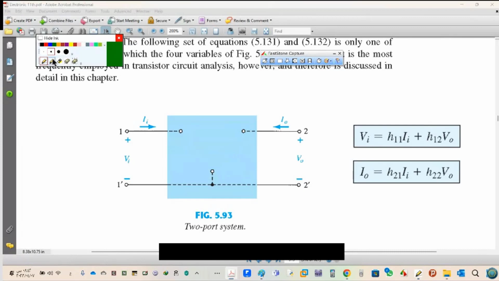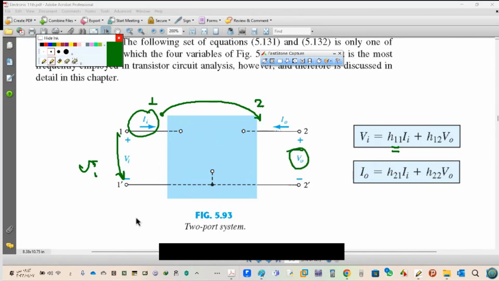Here V1 equals h11 I1 plus h12 V2. h11 is the self parameter with I1, plus h12, the relationship between 1 and 2, with V2, the effect from 1 to 2 in V2.